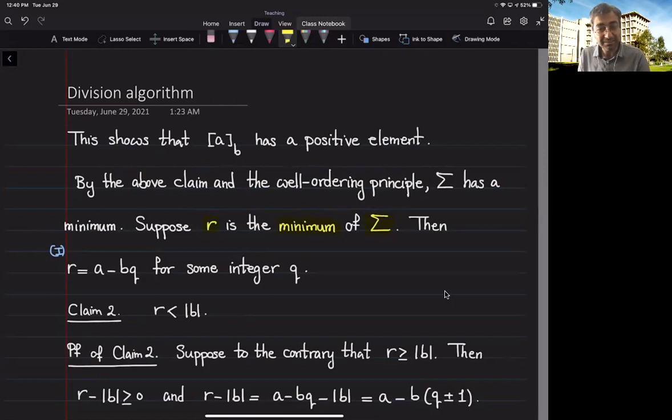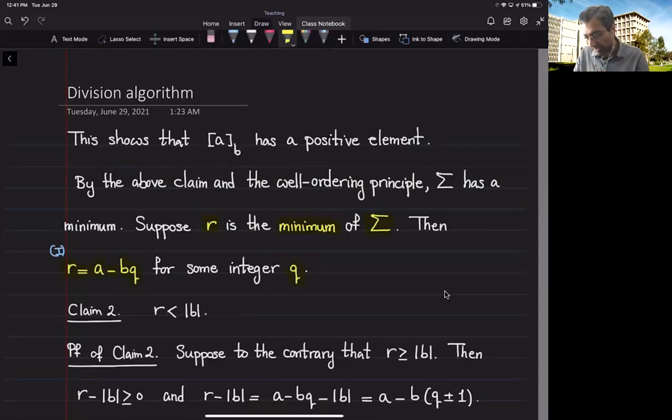Because r is inside sigma, r itself is of the form a minus, I'm using minus, but q can be negative as well, so there is no restriction here. So r is a minus a multiple of b. So for some integer q, r is a minus bq.